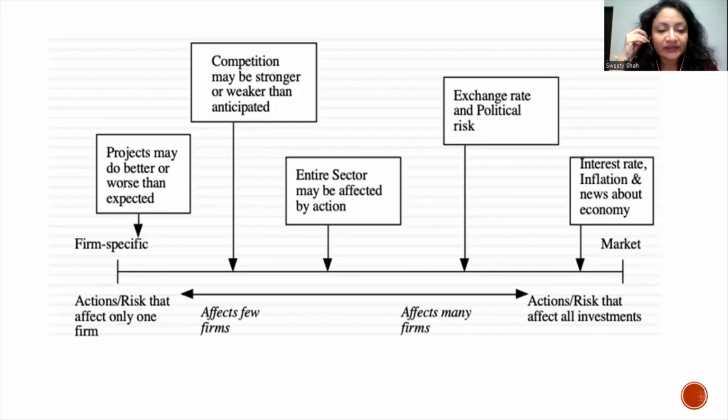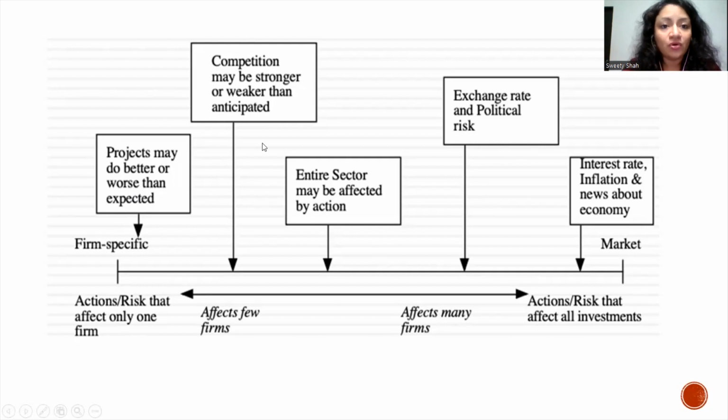Here on the left hand side, we can see certain factors are mentioned. Now these factors are firm specific. So here all the action and the risk are limited to the firm only. Say suppose the project would do better or not, it would affect your firm or the performance of the company.